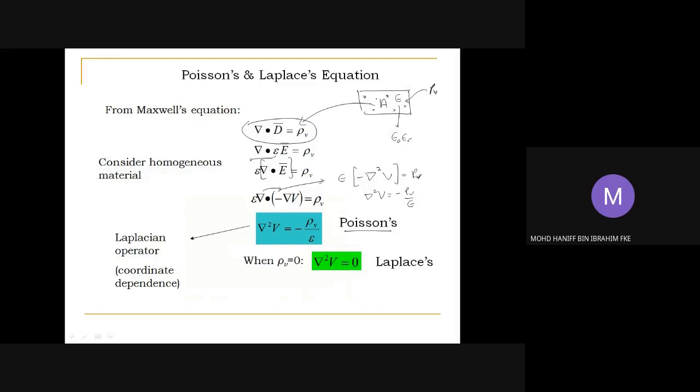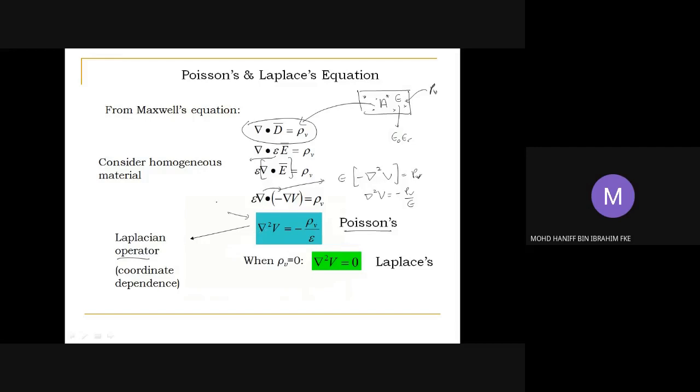This del squared is also known as the Laplace operator, or Laplacian operator, and it is coordinate dependent, which means that the Laplacian of V will depend on the coordinate system of the problem given.